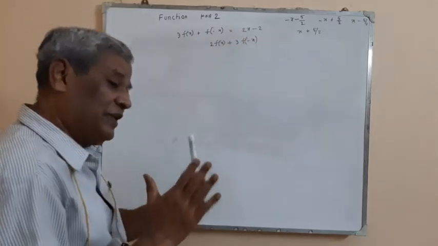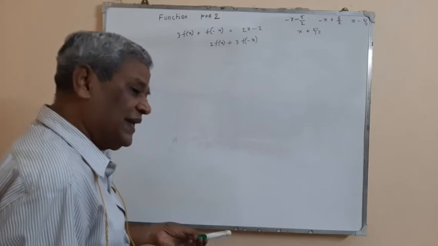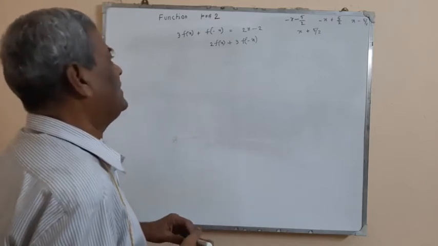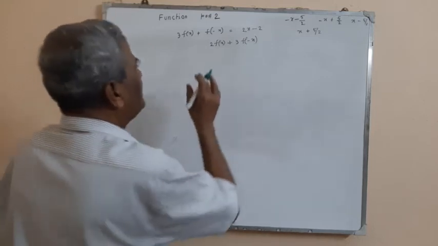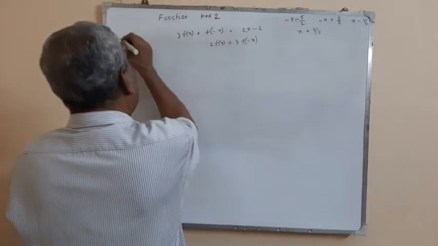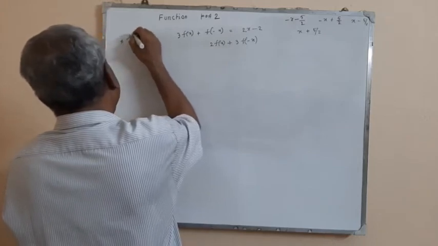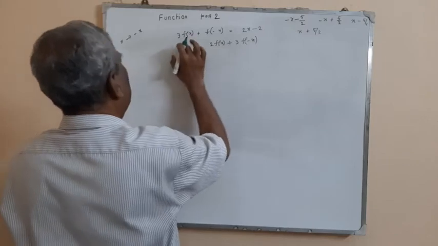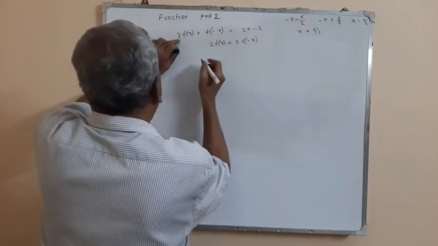We have to solve for f(x). If we can get f(x), then f(-x) automatically can be obtained. For that purpose, replace x by -x.